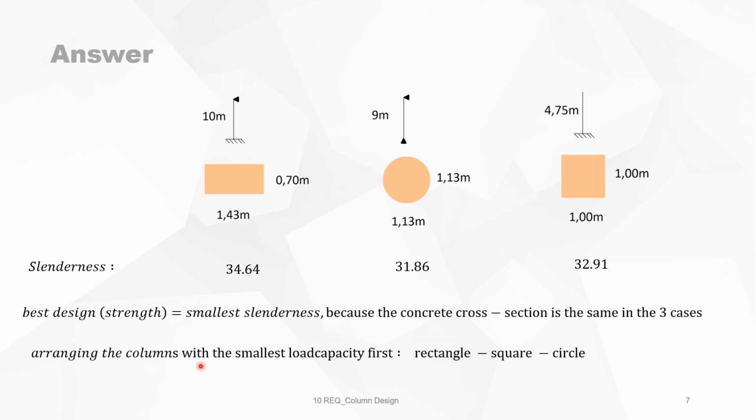So if you order them with the smallest load capacity first, then you will have first the rectangle, then the square, and the column with the most resisting capacity is the circle. So that's why you often see in buildings a circle instead of a square or a rectangle.